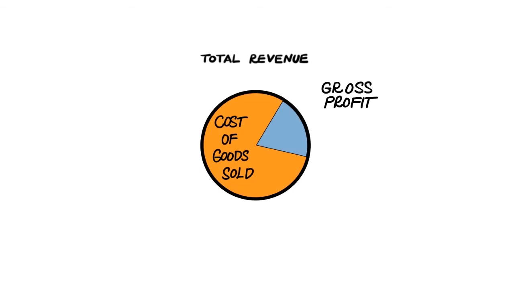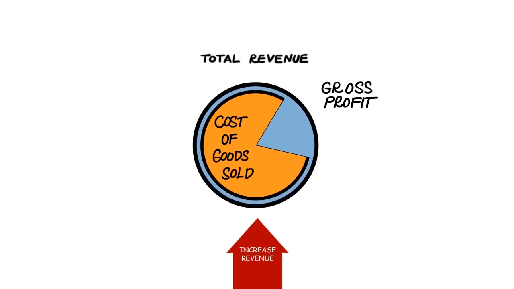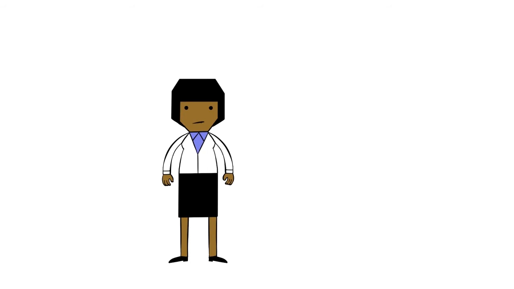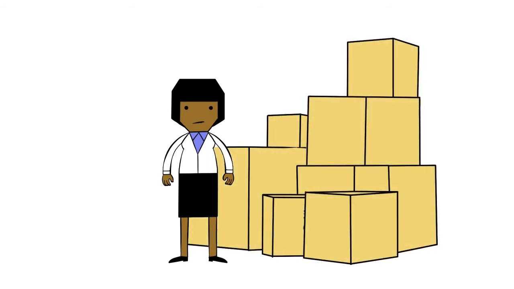A low gross profit margin means that your business is unable to control production and inventory costs. Or else, it is not generating enough sales. With a low gross profit margin, it would be hard to lower your prices.